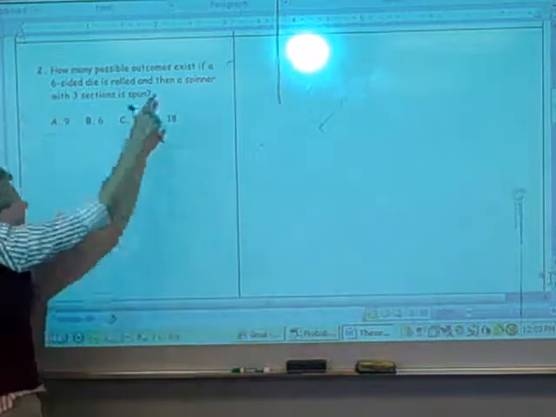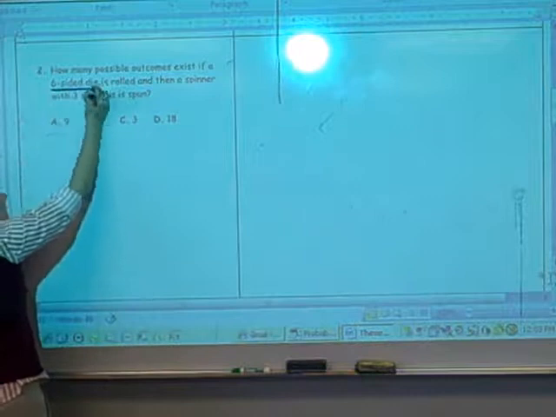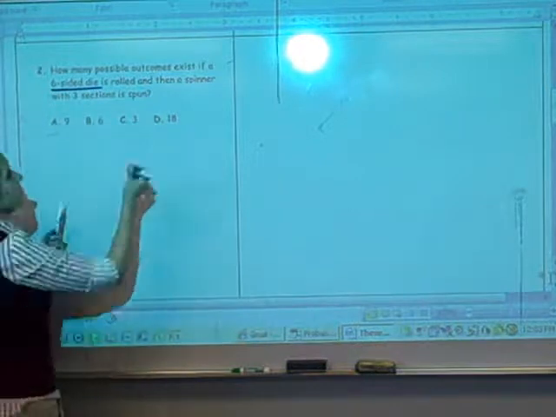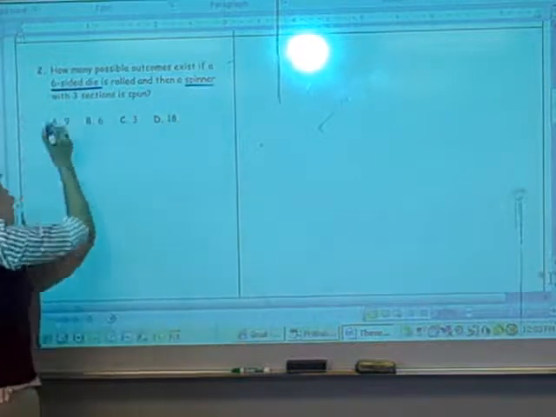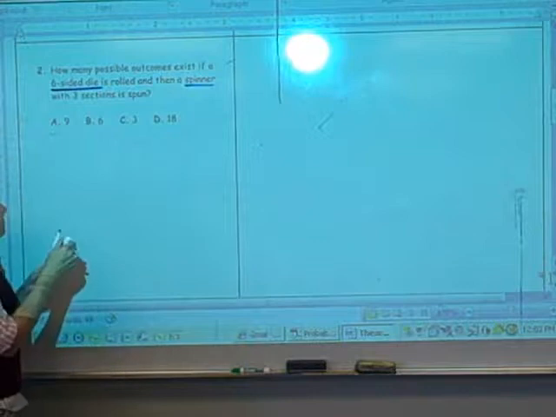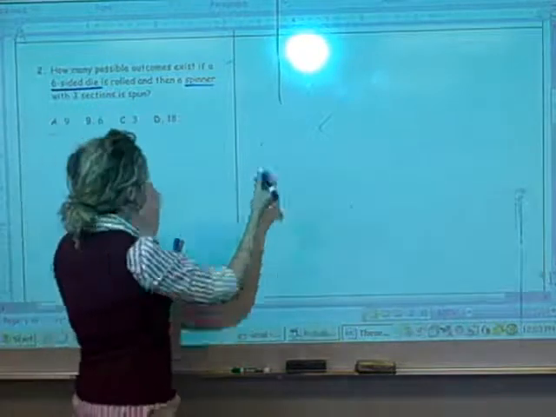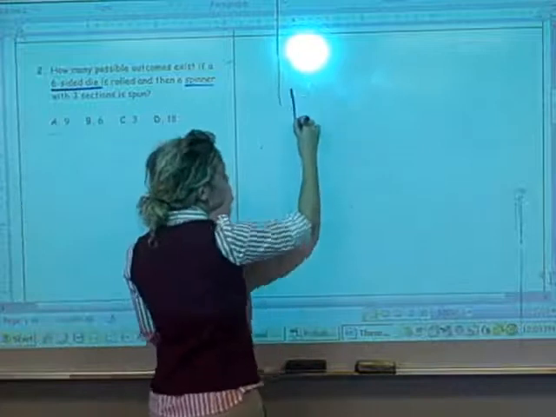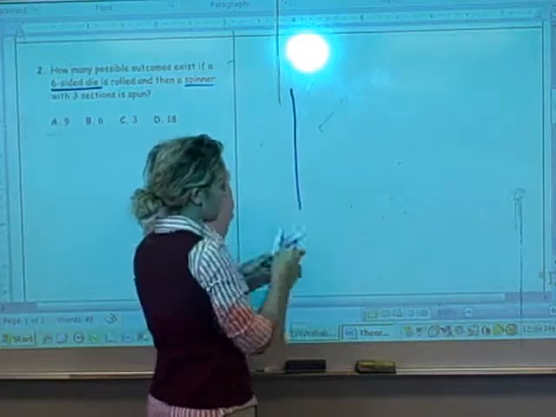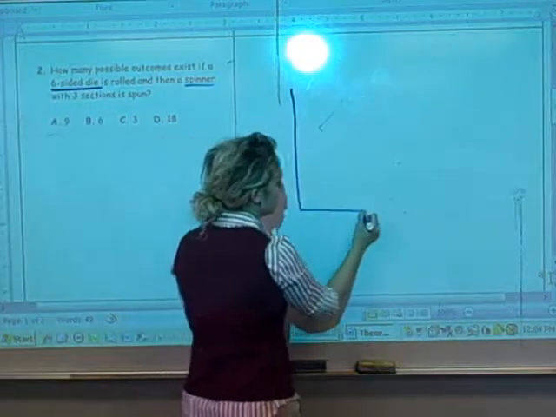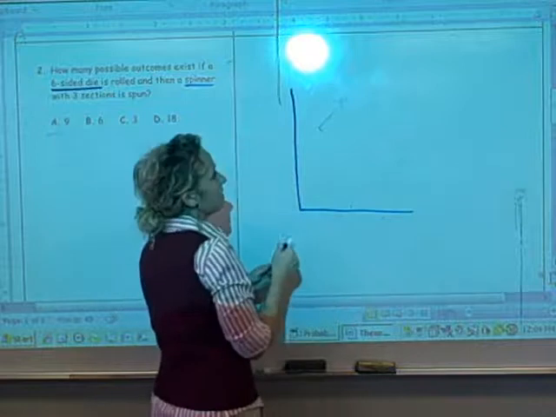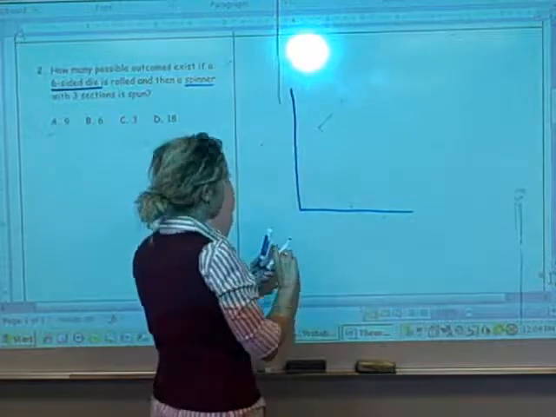So I'm going to look and see, I roll a 6-sided dice, and then spin a spinner with 3 sections. Since I just have 2 events, I'm going to make an area model. I'll do this color-coded for us. One side I'll do purple, and then the other side I'll do blue to show us each of the events.